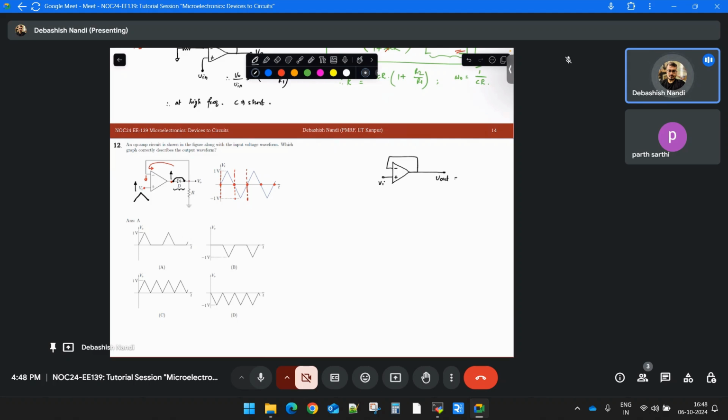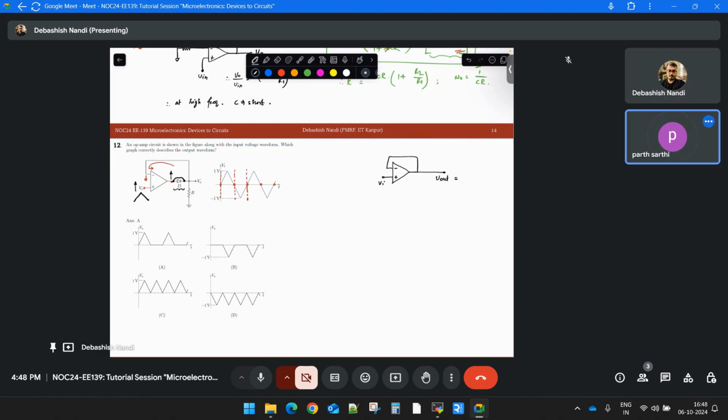Your V out is equal to what? No, R2 there is R in, nothing. Don't think about R2 and R in. Think about virtual short. It is negative feedback with an ideal op-amp. So your negative terminal sees which voltage?